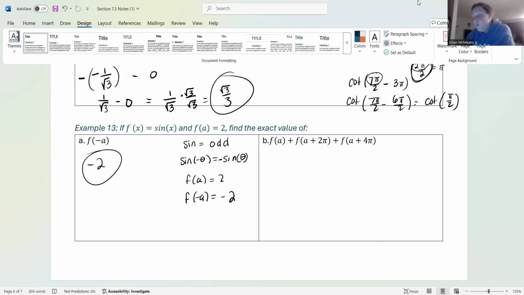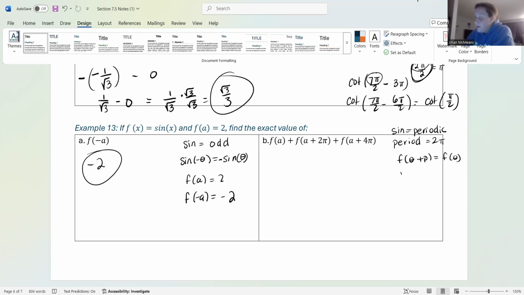Okay? Now, for part B, we're looking at the idea that sine is periodic. And we know that the period is 2 pi. So we had this idea earlier that if we had f of theta and we added p, that would just equal f of theta as long as p represented our period.